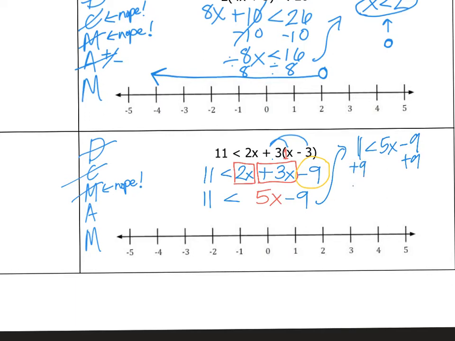When I do that, I get 20 is less than 5x. I can go ahead and cross off my A because I did that. I want x, I don't want 5x. This 5 and this x are multiplying, so in order to get rid of it, I need to divide by 5 on both sides. When I do that, I get 4 is less than x.